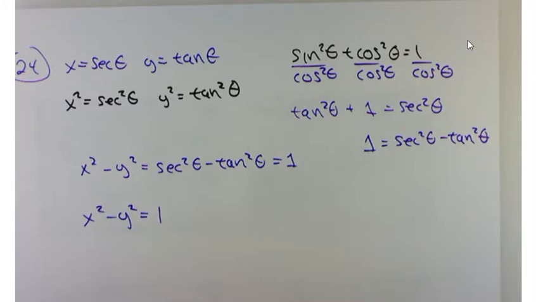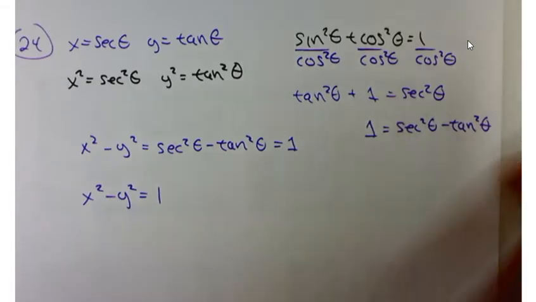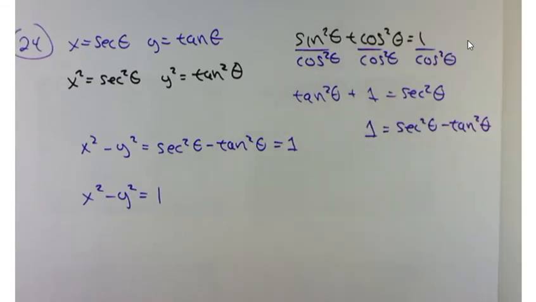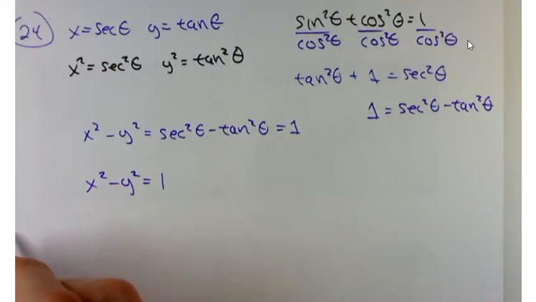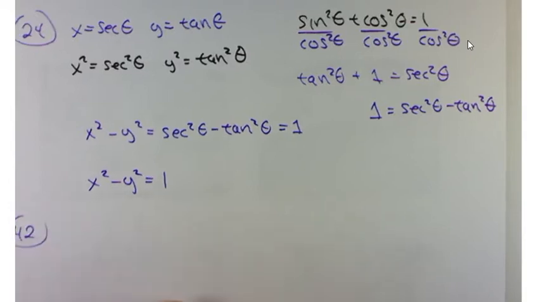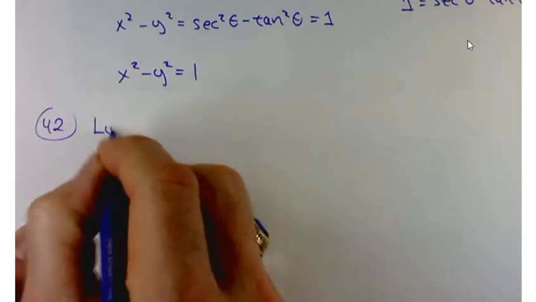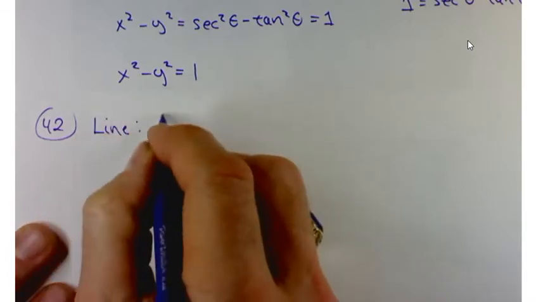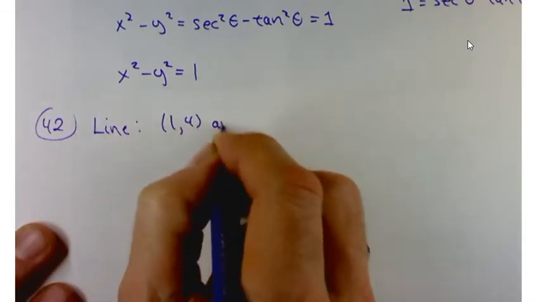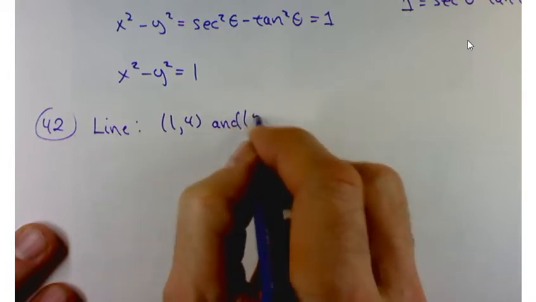Okay, a couple more problems. We're going to start out with a couple points on a line and try and work backwards to find a parametric version of that line. So I want a line through these 2 points, (1, 4) and (5, -2).